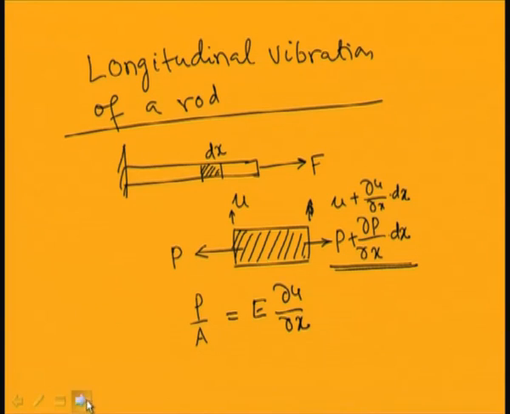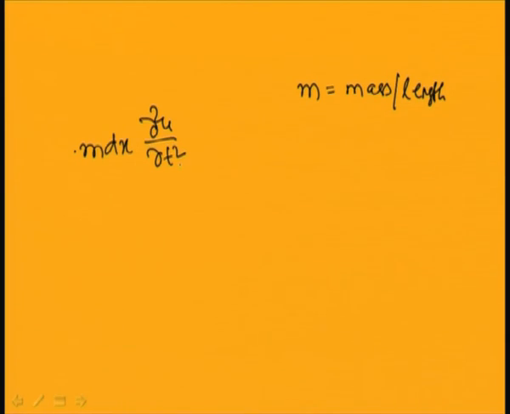Similar to the previous case, let m be the mass per unit length. So the mass of that element is m into dx, and multiplying by del square u by del t square, this is the mass into acceleration, that is the force.